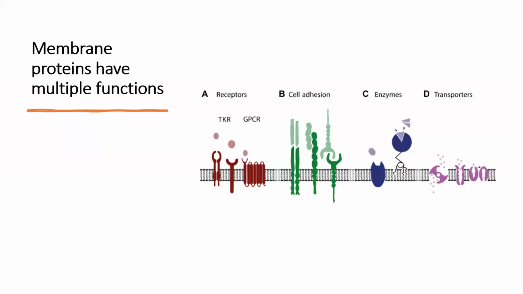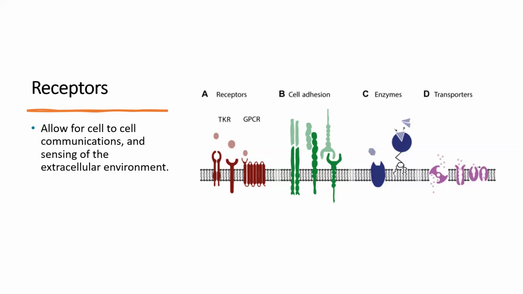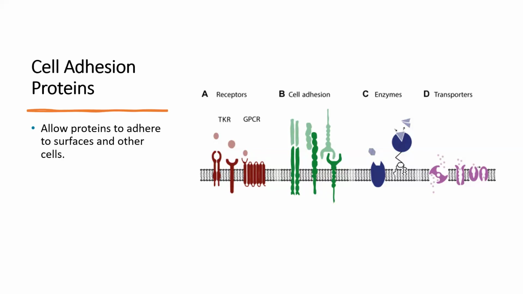Now, the proteins that we find in these plasma membranes can have multiple functions. For example, we have receptors like these TKRs and GPCRs that allow for cell-to-cell communication. They can sense what's going on in the environment. These receptors, for example, might indicate what direction to go in chemotaxis.